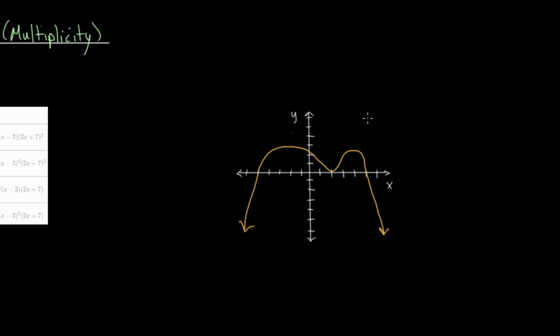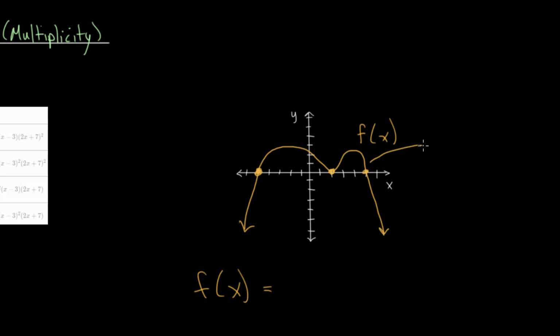So we have this orange curve here, and let's just call it f of x. And we could write f of x as a product of linear factors. Since notice, we know when the function is equal to 0.